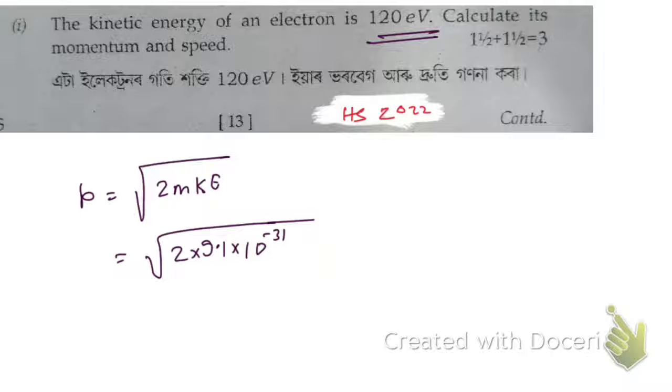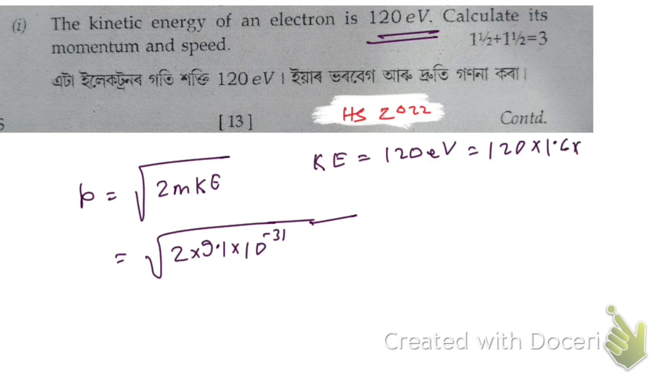And here the kinetic energy is given in electron volt, 120 electron volt. Let me convert it into joule. So that's going to be 120 into 1.6 into 10 to the power minus 19 joule, right? That's what we will get.